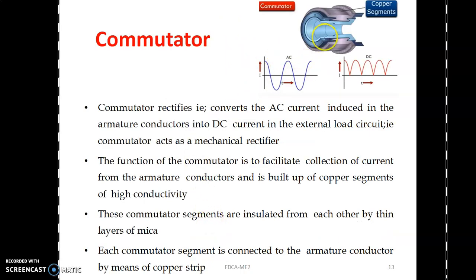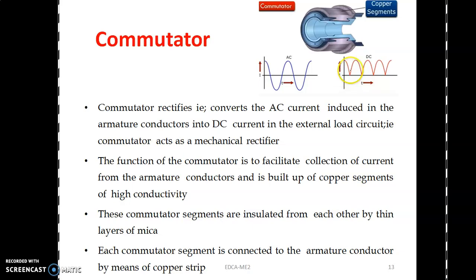Next is the commutator. The main function of the commutator: EMF generated in the armature conductors is AC. See here, that is alternating. Here positive and here it is negative. Positive, negative. So this EMF induced or current flowing through here is AC in nature. The commutator rectifies or converts this AC into DC.